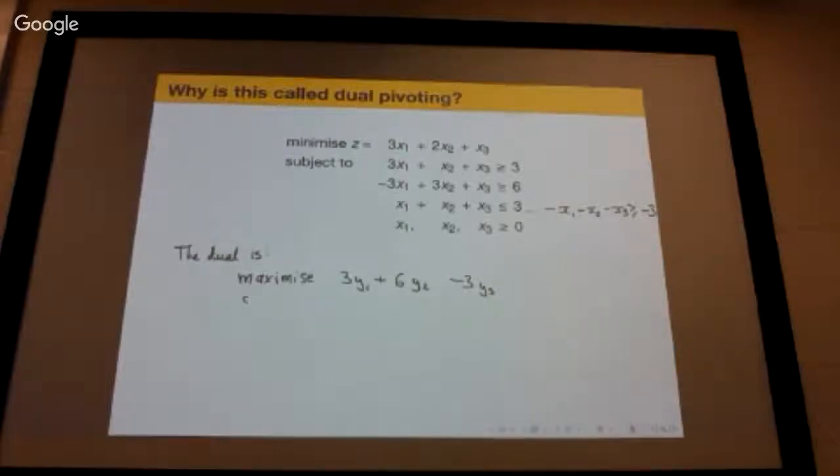And then the constraints. The first constraint is 3, -3 and -1, after I multiply it by -1. So we get 3y1 - 3y2 - y3 less than or equal to 3.